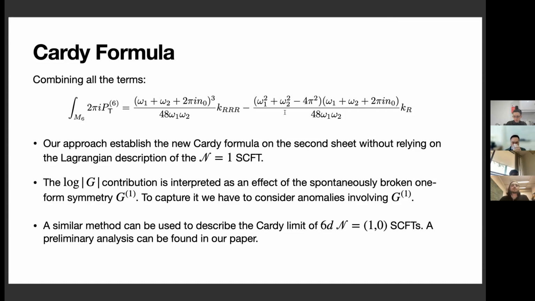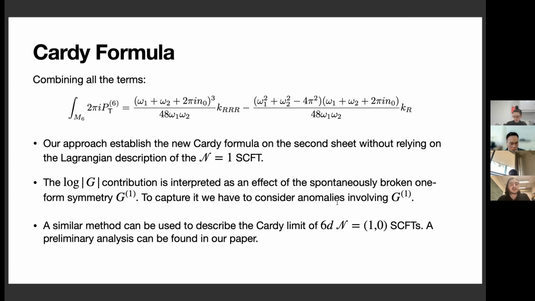As I wrote down before, there was also a contribution from the log of the order of G. And this contribution is interpreted in this business as coming from the effect of a spontaneously broken one-form symmetry whenever it is present. And so in order to capture this finite contribution, we would have to understand how to treat anomalies that involve this symmetry. And so this is something interesting to consider, but I don't have time to talk about it in more detail than this.